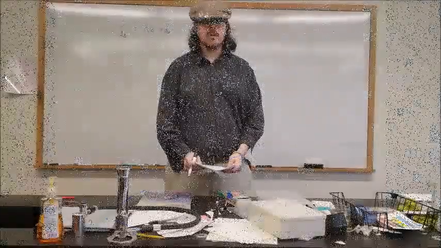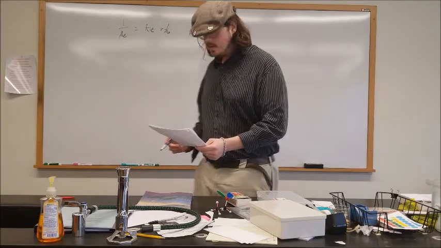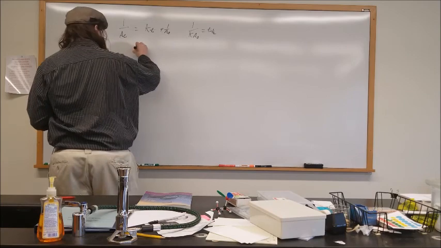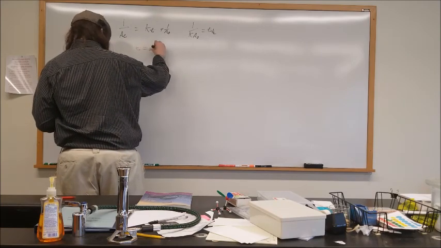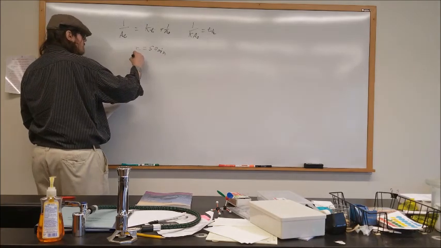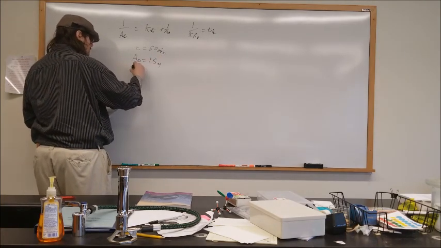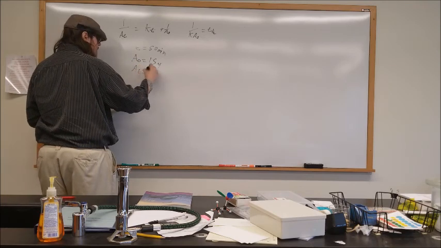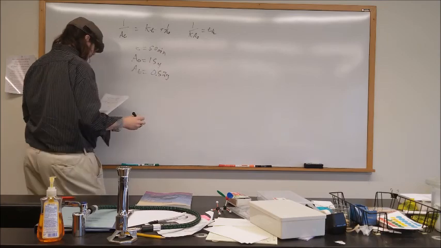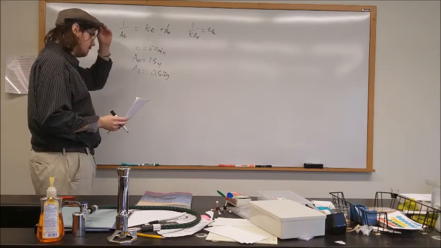Problem number 7 is another second order problem. It took 50 minutes for the concentration to decrease from 15 grams to 0.52 grams. And what would the half-life be for the initial 15 gram decrease?